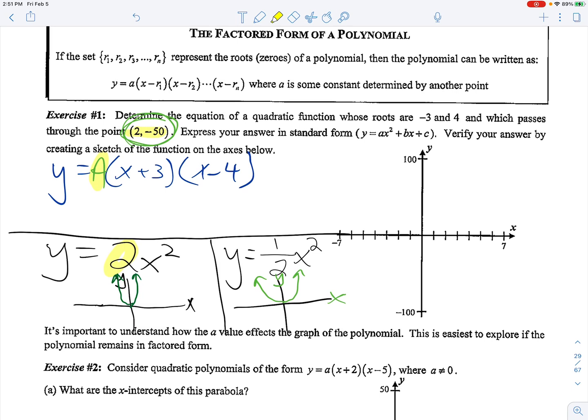This is the leading coefficient here, and I know it's not a 1 because we just saw it on the calculator. So how are we going to figure out what that leading coefficient is? Using the factored form, and also understanding that 2, negative 50 is a point on that parabola. This is my x, and this is my y.